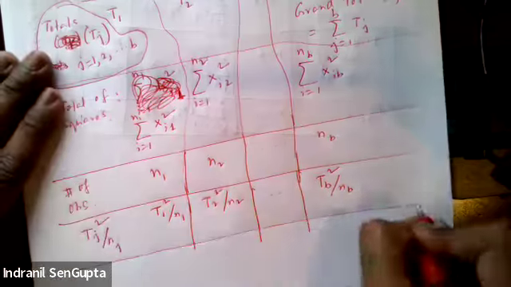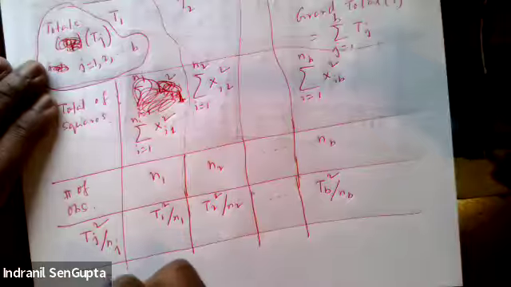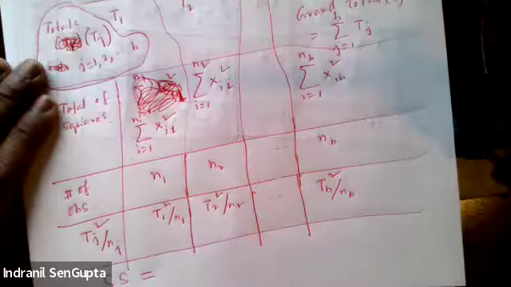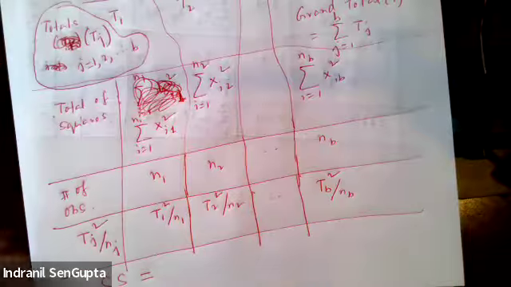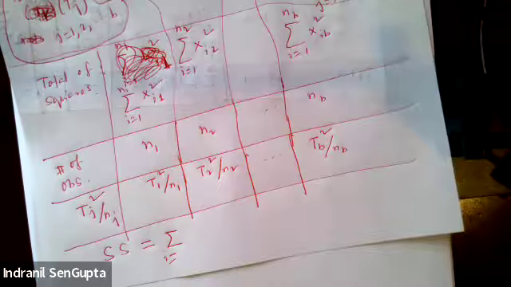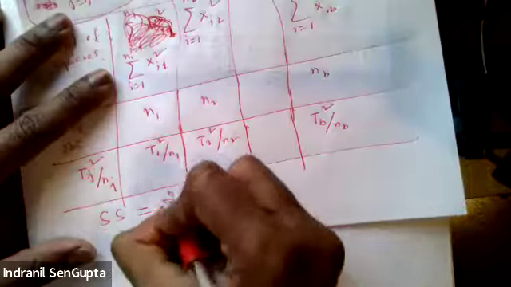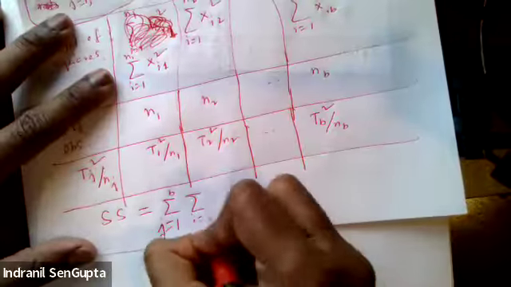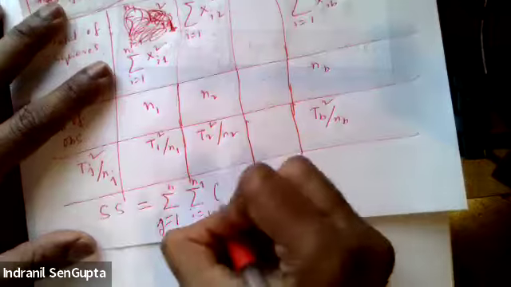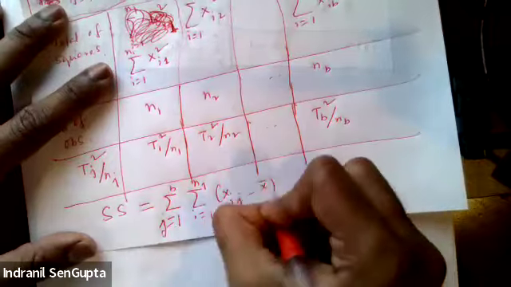Now the total sum of squares, which we wrote before, is the summation j from 1 to b, i from 1 to n_j, of xij minus x bar squared.